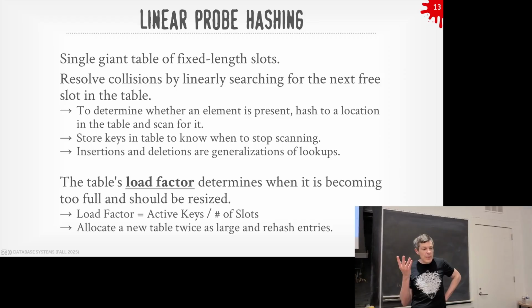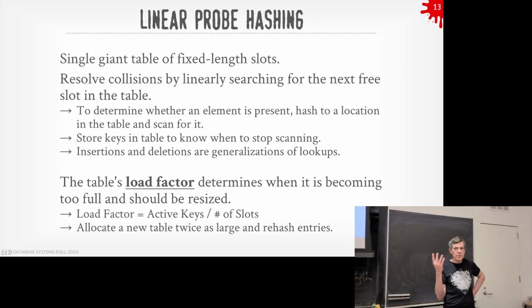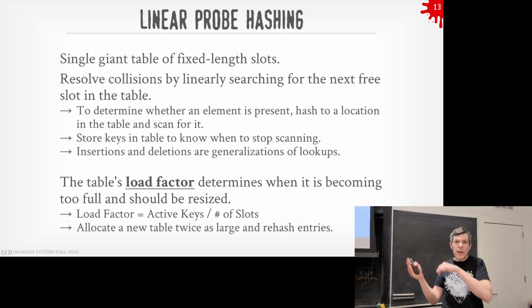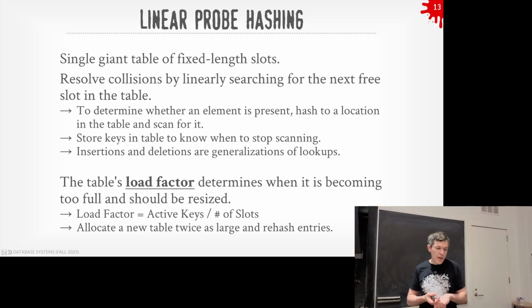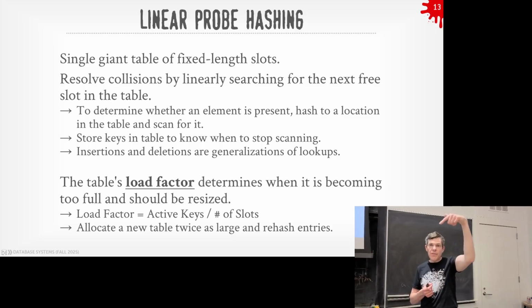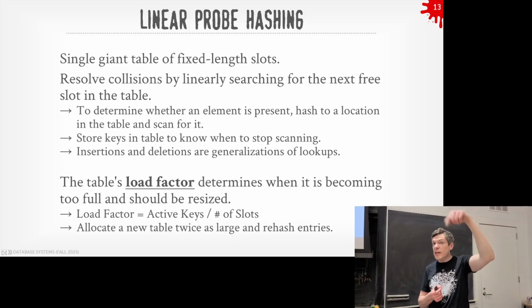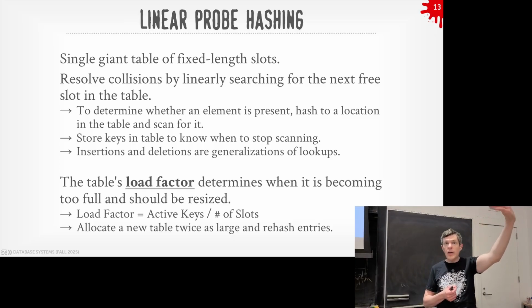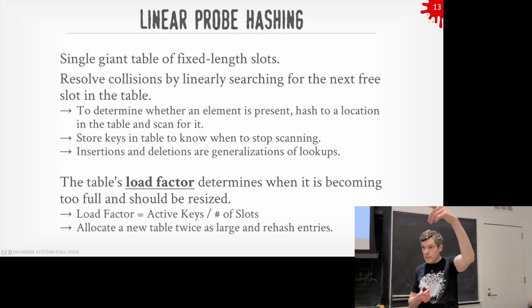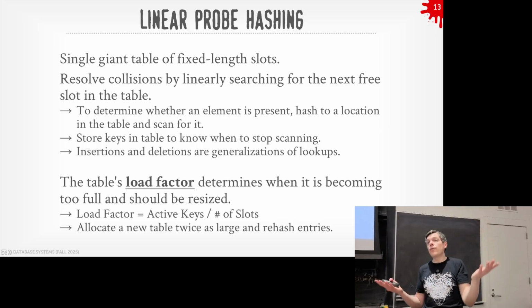All right, so the way to think about the hash table is just a giant table of fixed-length slots, and it can be backed by pages in our buffer pool manager. How it works is that when we hash into our hash table, if there's another key in the location where our key wants to go, then we know that space is occupied, and we have to scan down linearly, looking at one slot after another, till we find a free slot.